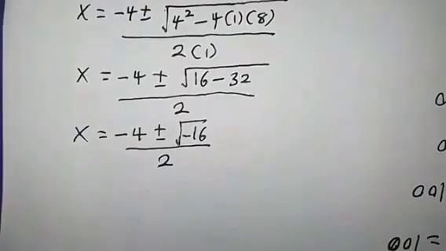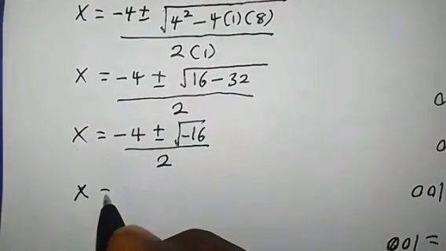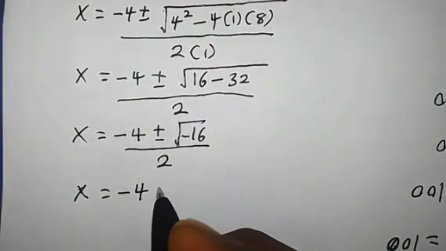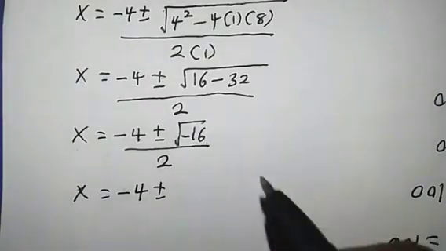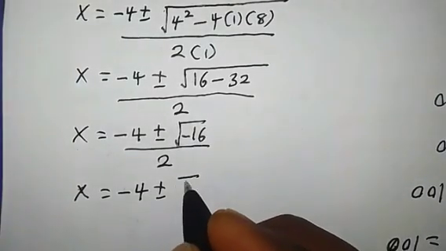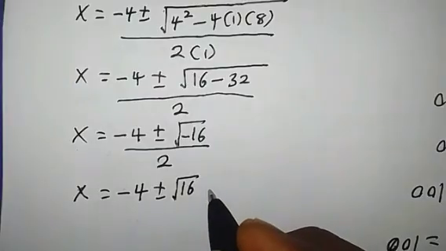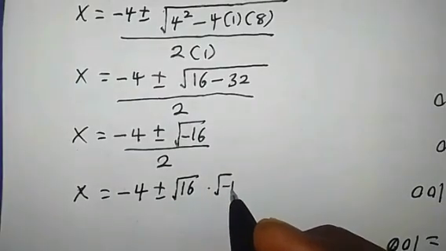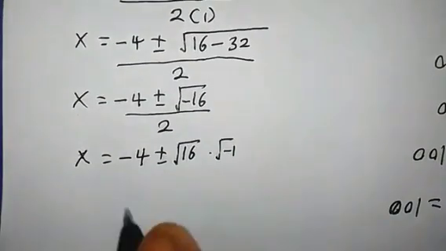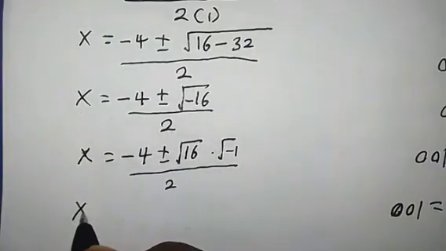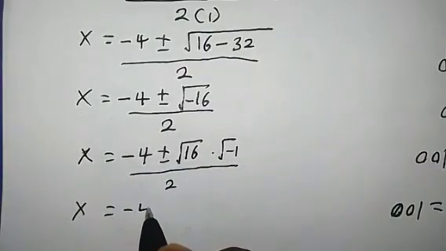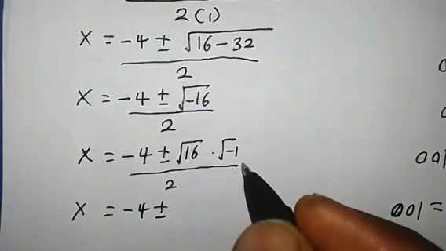Let's proceed further. I can rewrite square root of minus 16 as square root of 16 times square root of negative 1. Everything divided by 2.